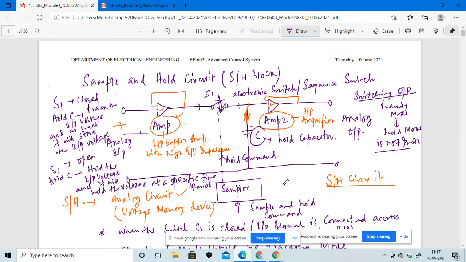Yes, sir. तो बोलो, अगर मेरा स्विच क्लोज रहता है, that means when the circuit is in a tracking mode, when the capacitor is under the tracking mode, and from the sampler I give the hold command, what will be the function of this particular switch? Either the switch is under the same state, that means in a tracking mode state, or the switch will be acting as a hold state. Tell me. Hold state. It's a hold state.